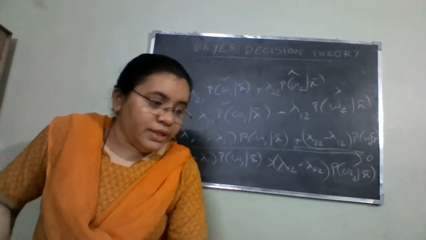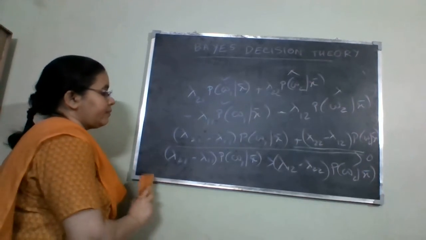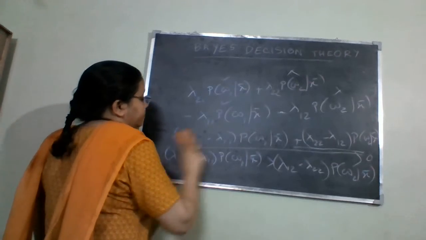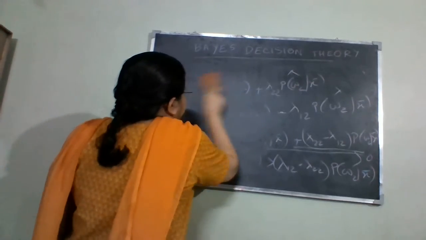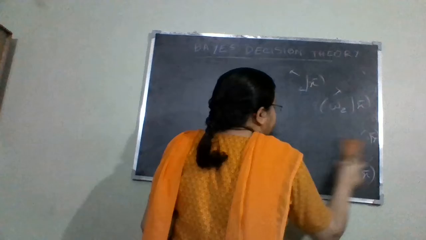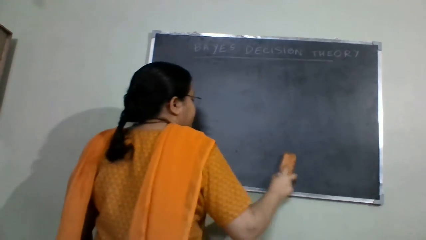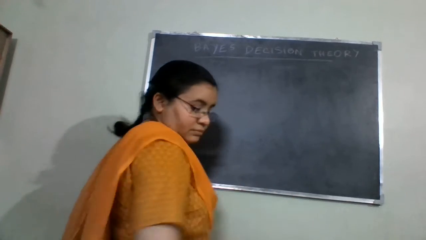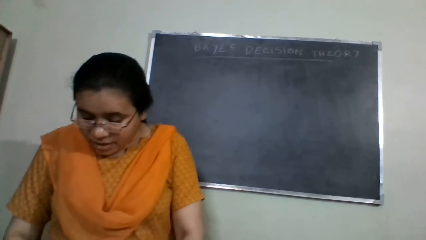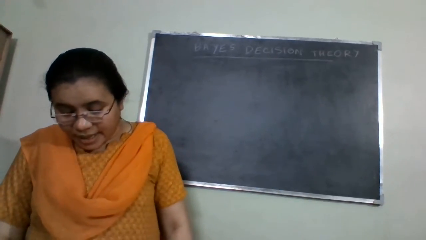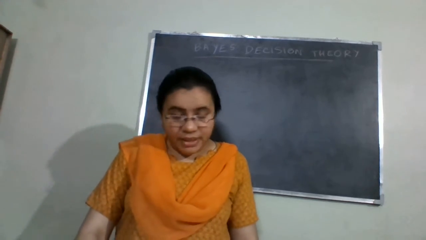So if we are done with this, now I start reading. Ordinarily, the loss incurred for making an error is greater than the loss incurred for being correct.